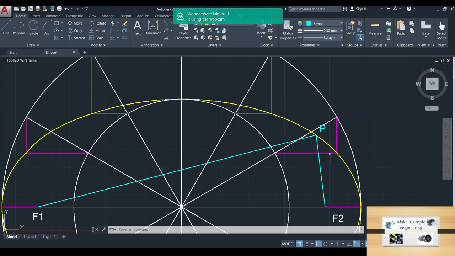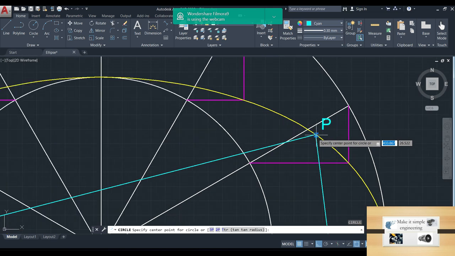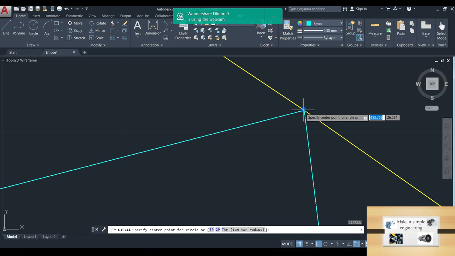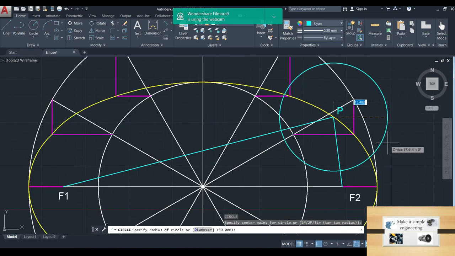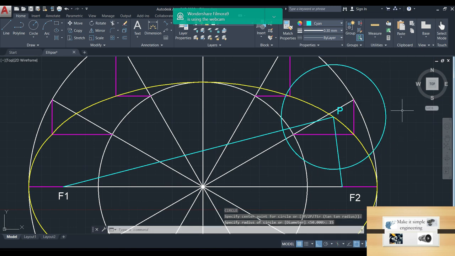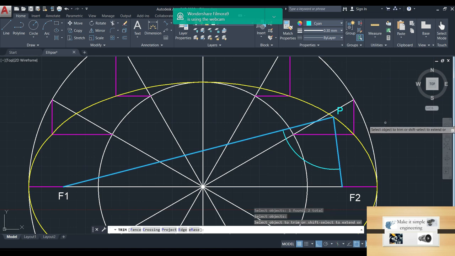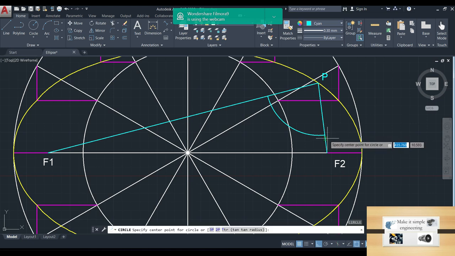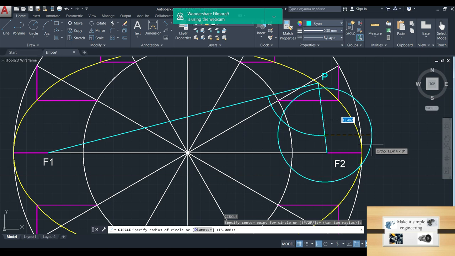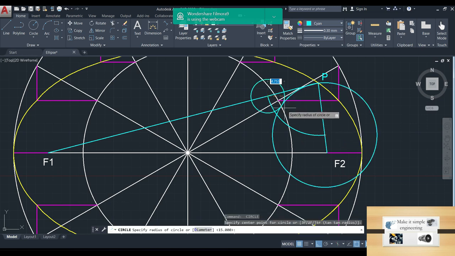So for bisecting we have to draw an arc which has the center P. Okay, now this arc has a radius of 15 and the center P, and at the same radius we have to draw another two arcs of 15 mm radius from this point as center and also from this point as center.